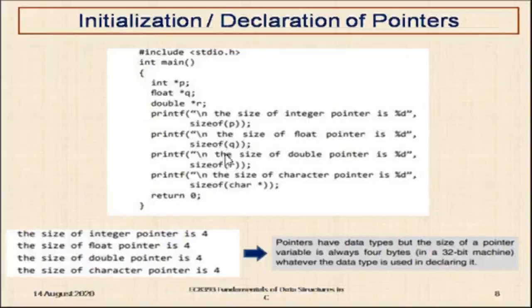Size of double type pointer r, again 4. Character, the size of character pointer is also 4. So everything is 4. So the size of the pointer will be the same, depending upon the number of bits of the particular machine. 32-bit means 4, 16-bit means 2. That is another point you have to note down.